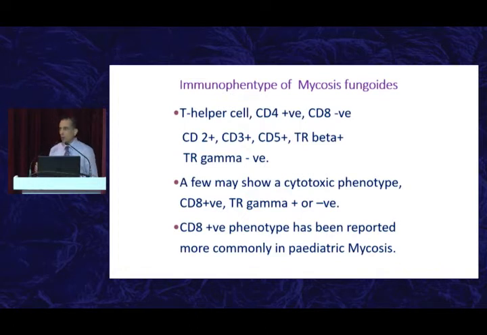Okay? Now, I wish to make a point here. Do you need immunohistochemistry to diagnose Mycosis fungoides? Actually not. If you see the characteristic atypical cells, and if there is epidermotropism, and if the clinician thinks it's Mycosis fungoides, it's not necessary. Okay?